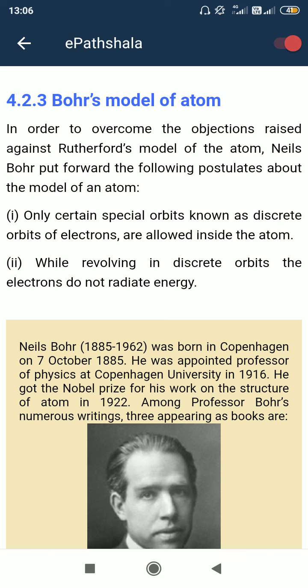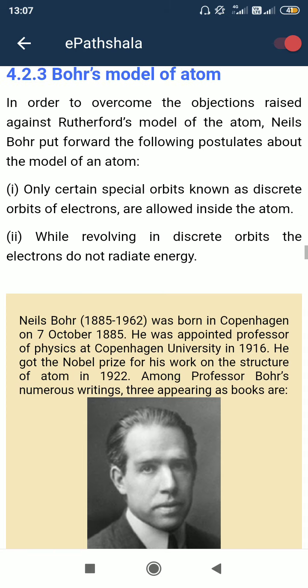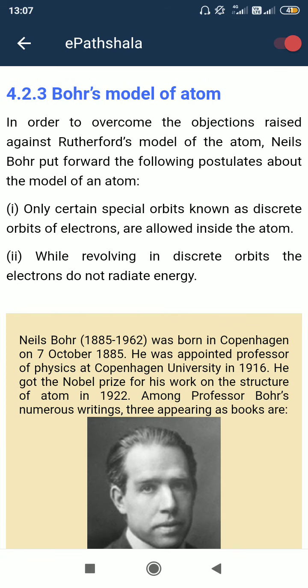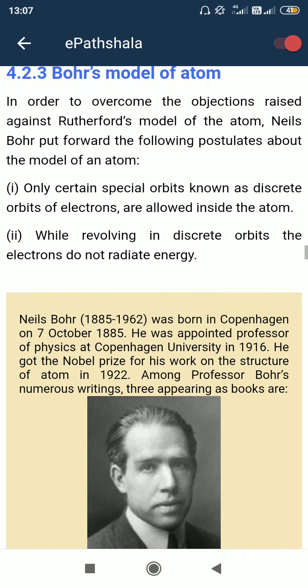Whatever path the electrons are moving in, that path is known as an orbit. So electrons are moving in a specific orbit. Higher orbit means higher energy. When an electron gets much more energy, it moves from a lower energy state to a higher energy state. That means lower energy orbit to higher energy orbit, like this.